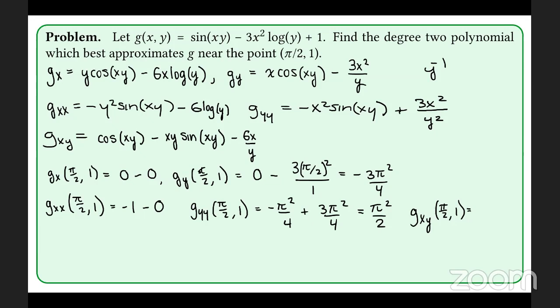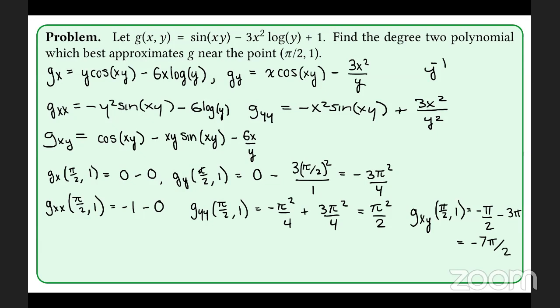And then we have xy sine of xy, so that's minus pi over 2, minus 6xy, so minus 6 times pi over 2 is minus 3 pi over 1, is still minus 3 pi. And we could simplify that a little bit. So this is minus 6 pi over 2, so we get minus 7 pi over 2.